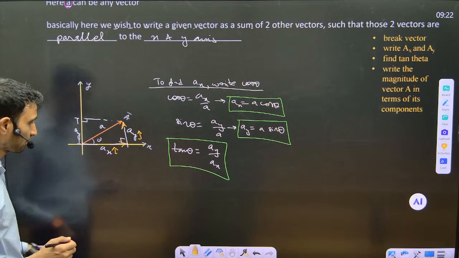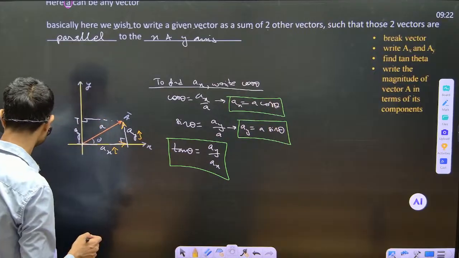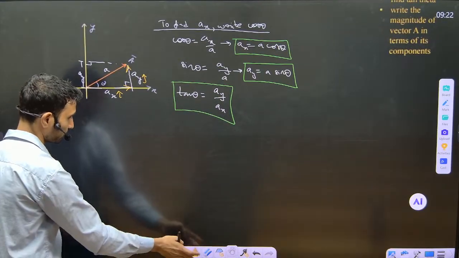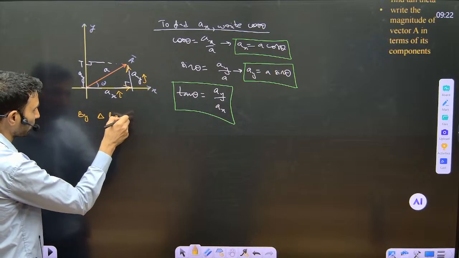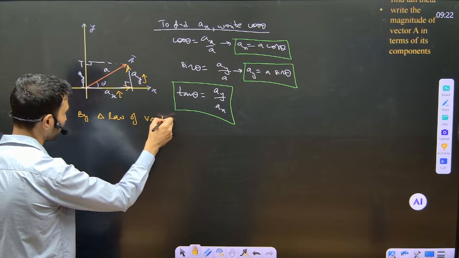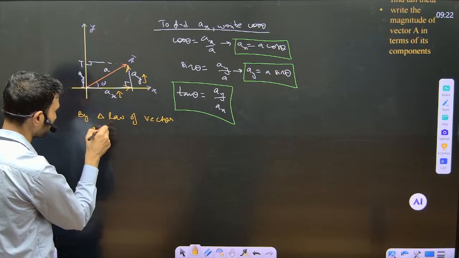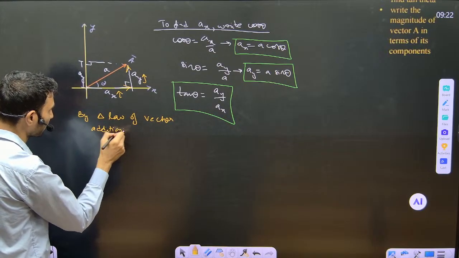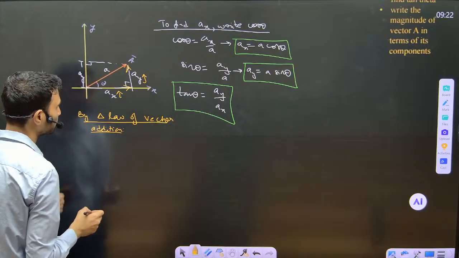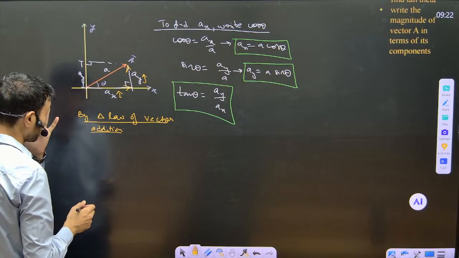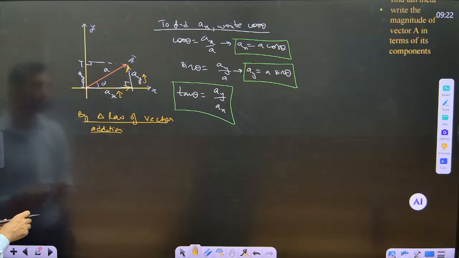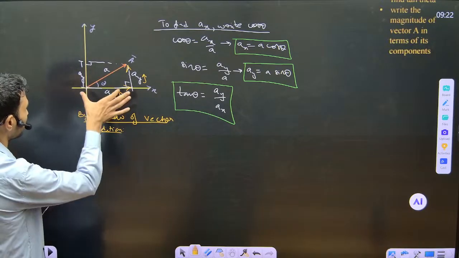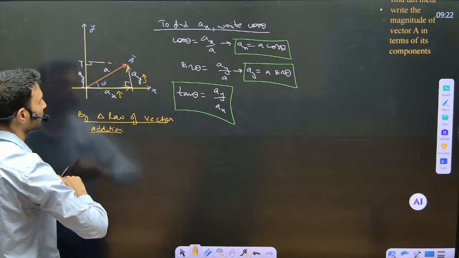So by triangle law of vector addition, this plus this is equal to this, right?